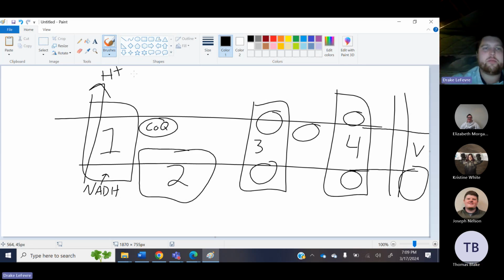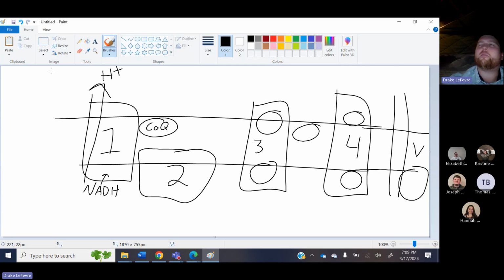Yeah, we get the hydrogen movement. Perfect. I don't think he usually asks the number that each one moves, just that you know which ones move and which ones don't. Basically, all of them move hydrogen up except for complex 2. Usually he doesn't ask about the numbers, if I remember correctly.